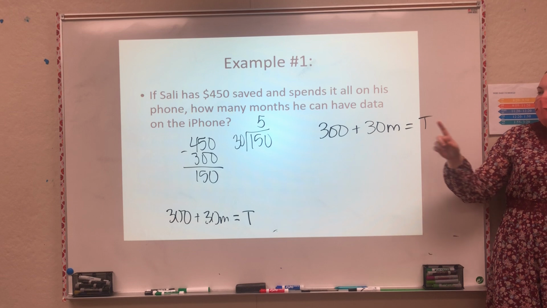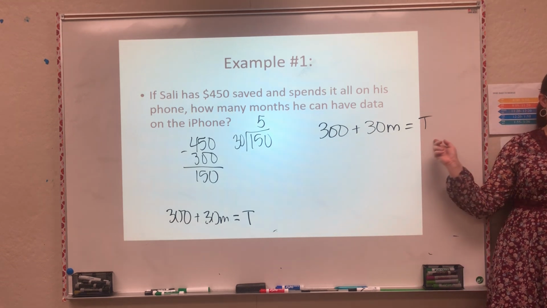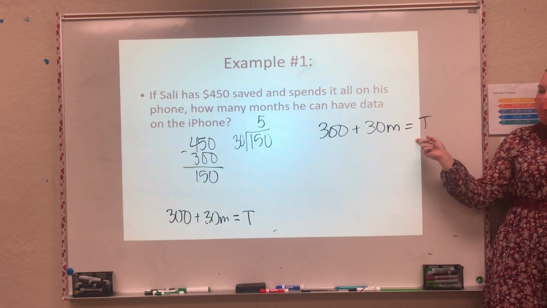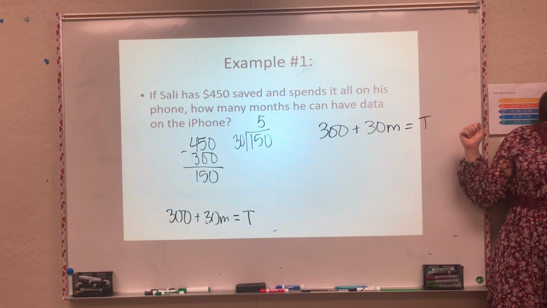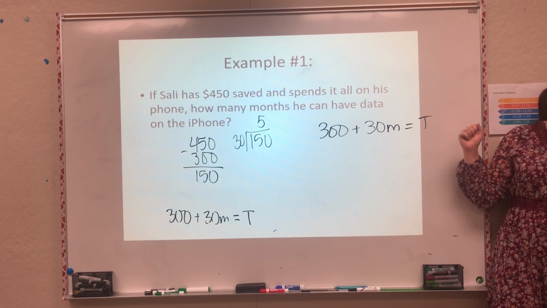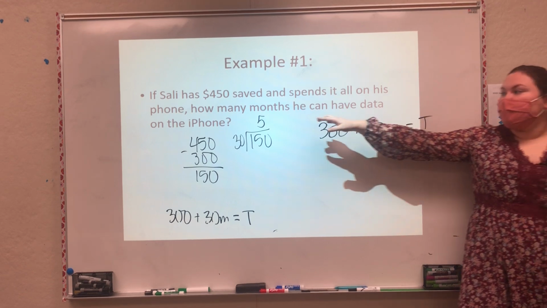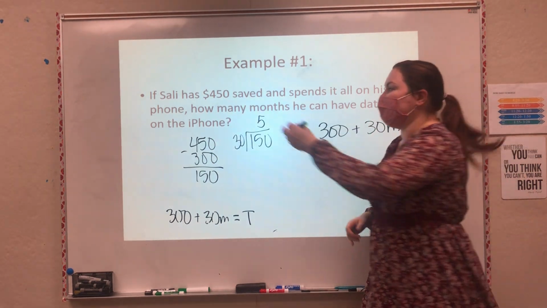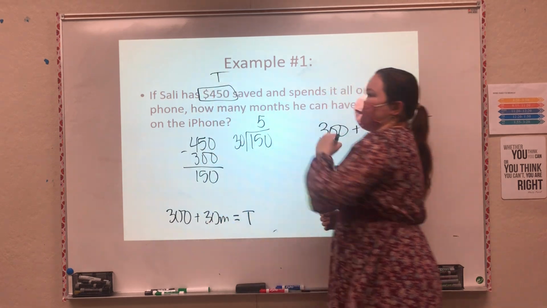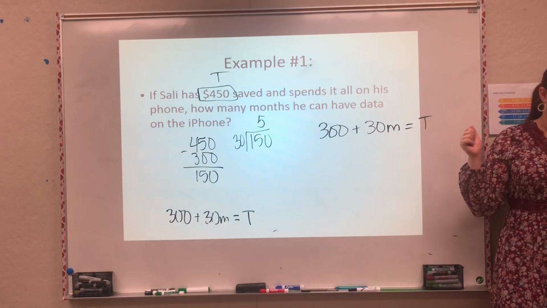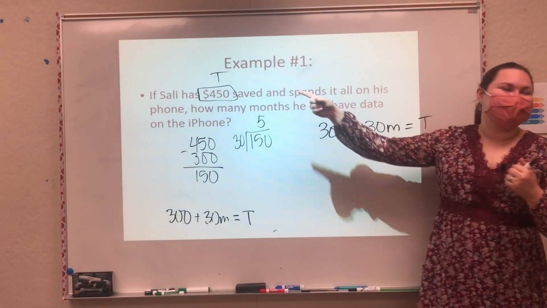What have they told us in relationship to our equation here? The total amount of the phone and the total amount of the data used per month. So they told us the total amount of the phone. They just told us our T. So if I've got this equation, if I know 450 is T, what could I do?